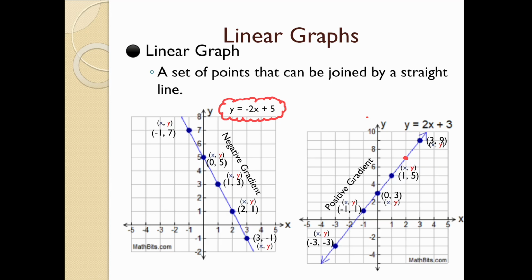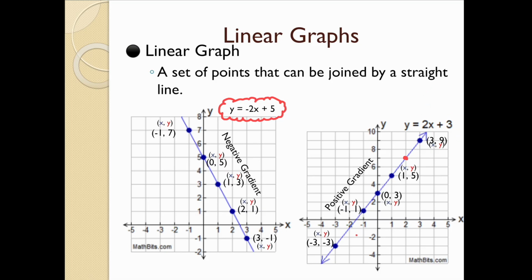Okay, so I want you to tell us, based on this formula here, what is the y-intercept? 3. How do you know it's 3? You're asking me or you're telling me? How do you know it's 3? All right, so it's not multiplied by x, so it's a constant by itself.